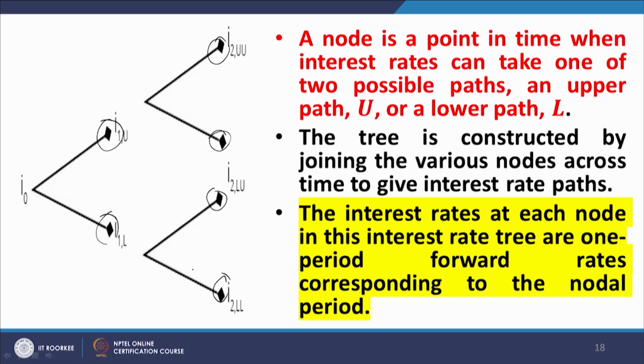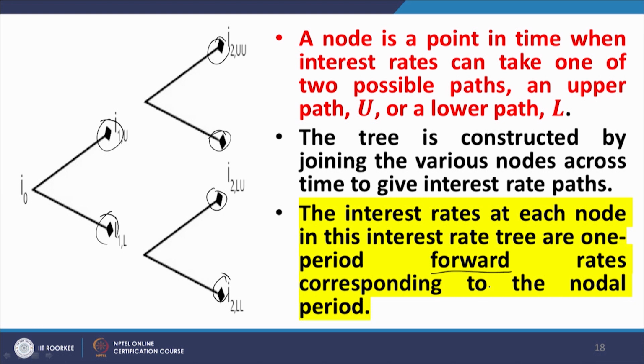The tree is constructed by joining the various nodes across time to give the interest rate paths. The interest rates at each node in this interest rate tree are one period forward rates. This is important, this is cardinal. These are not expected spot rates, they are forward rates corresponding to the nodal period.